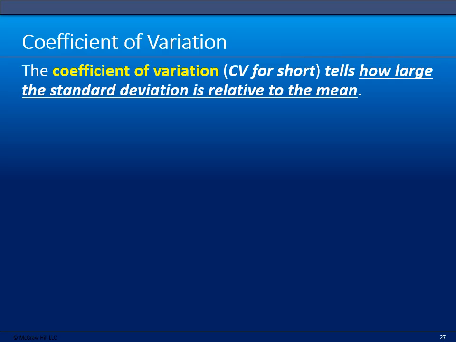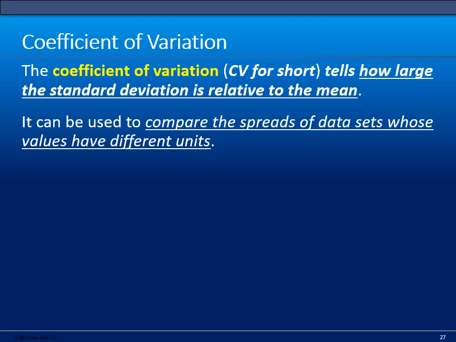Well, there is something called a coefficient of variation, CV for short, which tells how large the standard deviation is relative to the mean. So it's just a ratio. It can be used to compare the spreads of data sets whose values have different units.